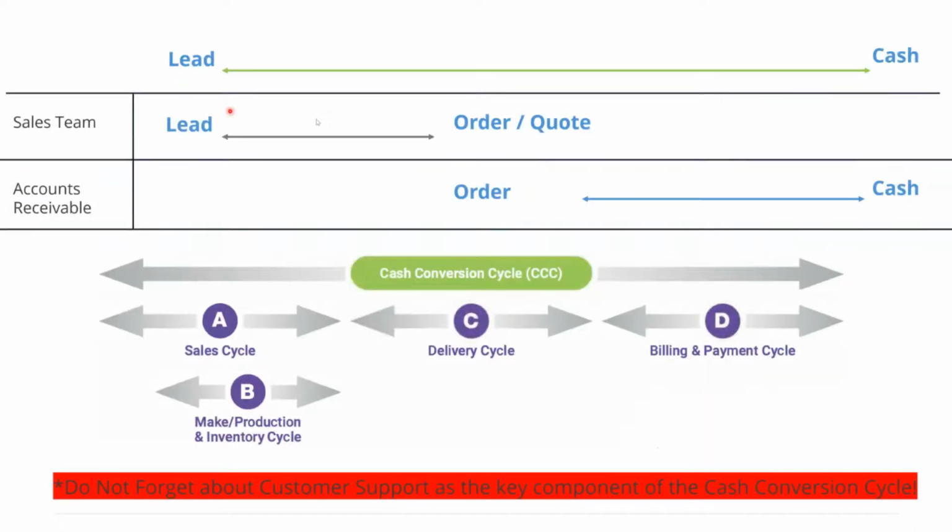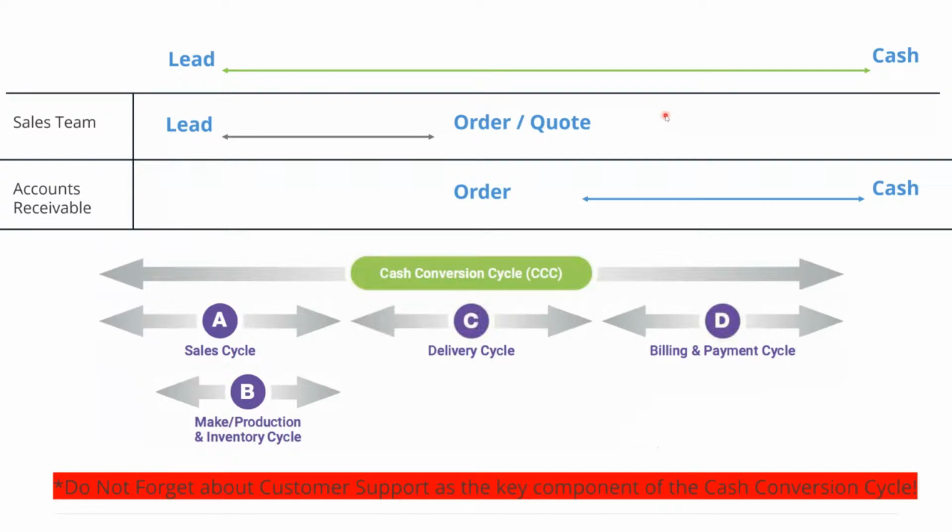I want to come back to this picture, right? So we discussed before that I like to see it as a whole process, but there are really sub-processes in there. I also added here a picture to show you what kind of different processes people divide into, right? I want to remind everyone that very often in a lead to cash cycle, customer support is not mentioned, especially if your customer support is part of onboarding.